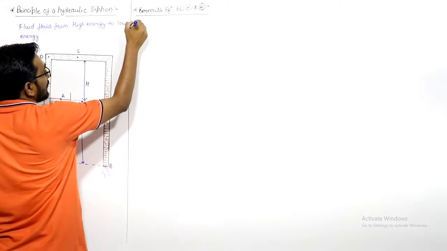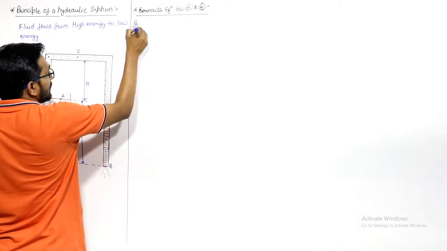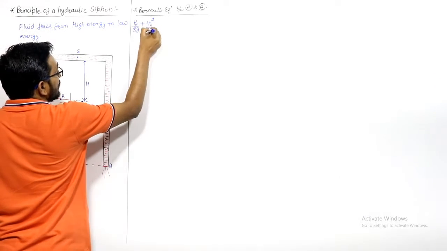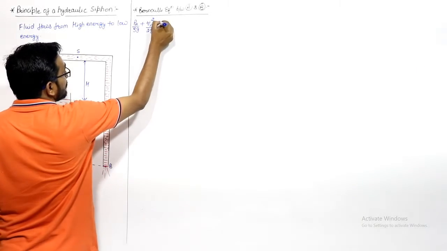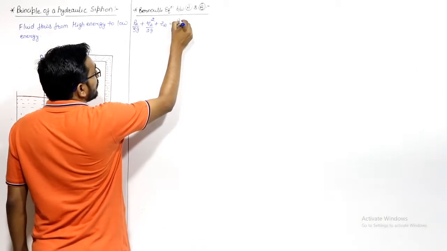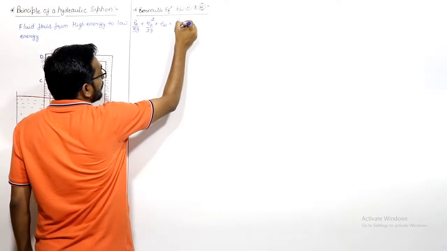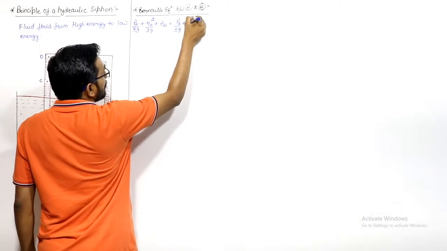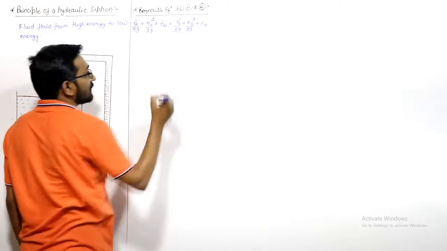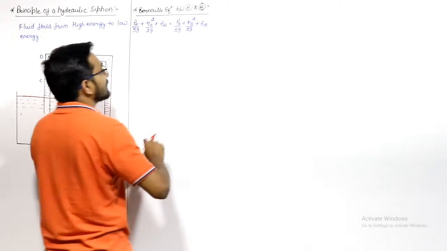The equation will look like this: PA by rho G plus VA square by 2G plus ZA, the elevation from some datum, is equal to PB by rho G plus VB square by 2G plus ZB, right? And by writing this, I am neglecting the losses.